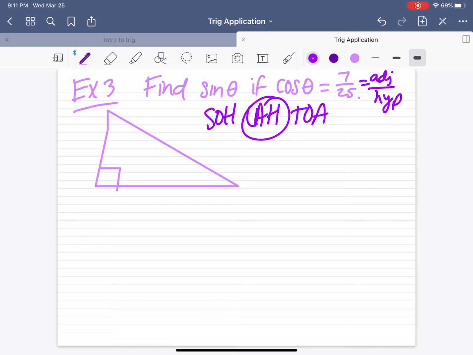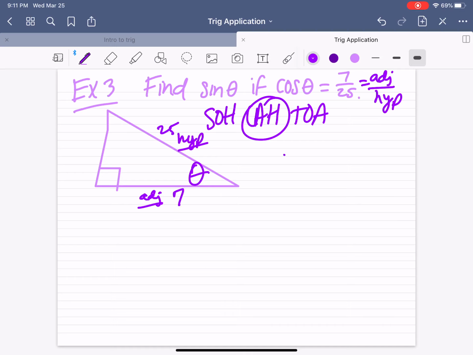The theta could go anywhere. So let's put the theta right here. This is the angle that we're looking at. So the adjacent is this side here. And the hypotenuse is always across from the 90-degree angle. So that goes there. And the adjacent was 7 units long.